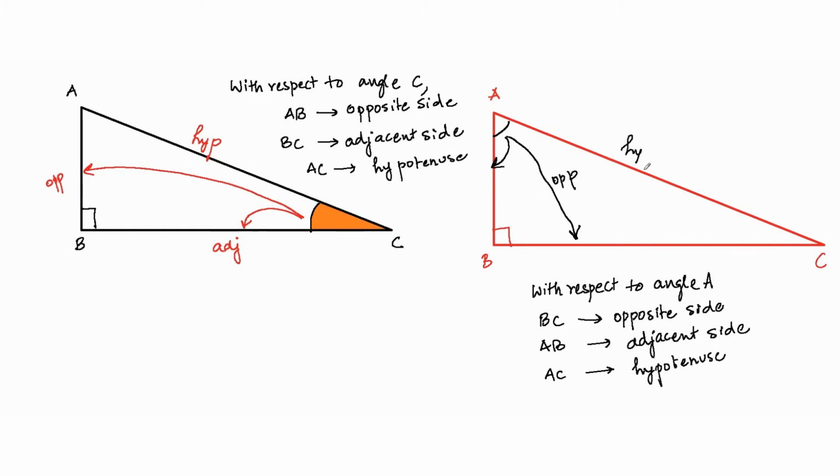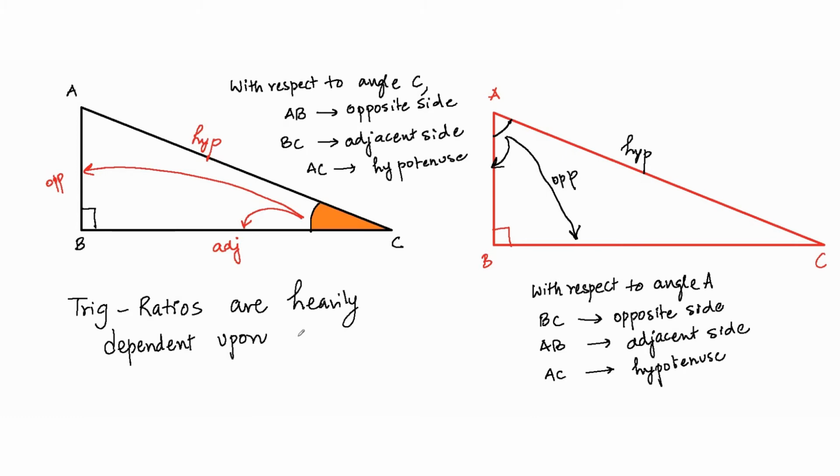So the hypotenuse, you notice, remains the same throughout, but the definition of opposite and adjacent sides changes with respect to the angle. So this brings us to an important conclusion, that the trigonometric ratios that we are going to study are heavily dependent upon the angle, right?